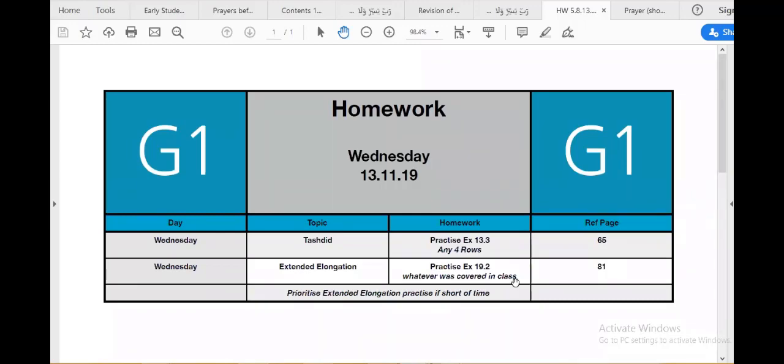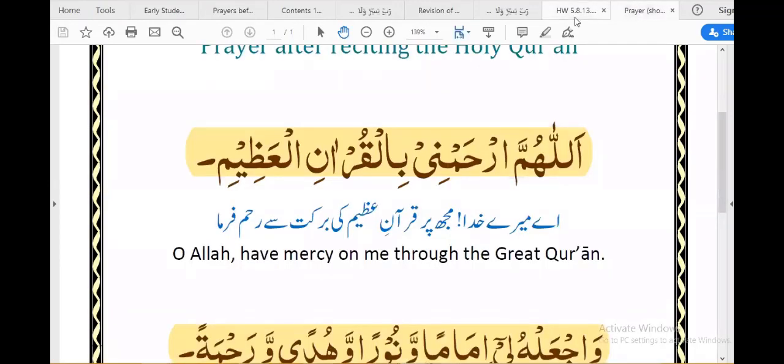In terms of reference, page 65 and page 81 of your books, practice exercise 13.3 and 19.2. Remember to focus on your timings. That's very important. Now we will end the class today with the prayer.